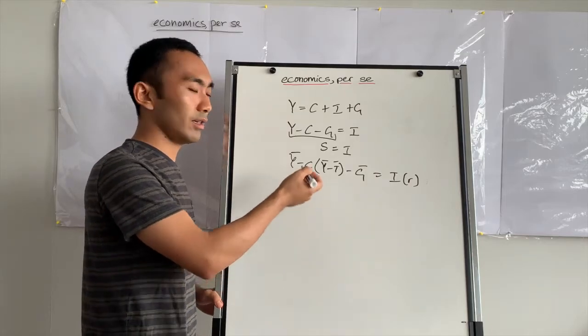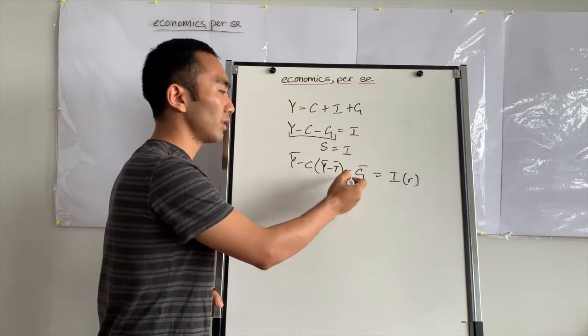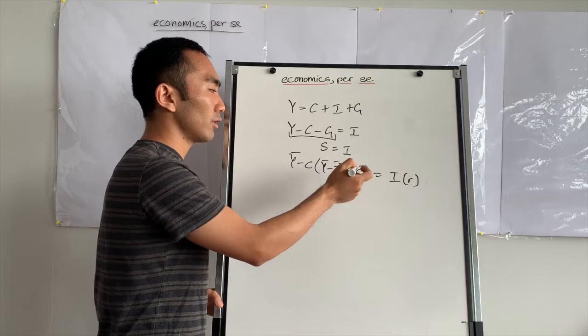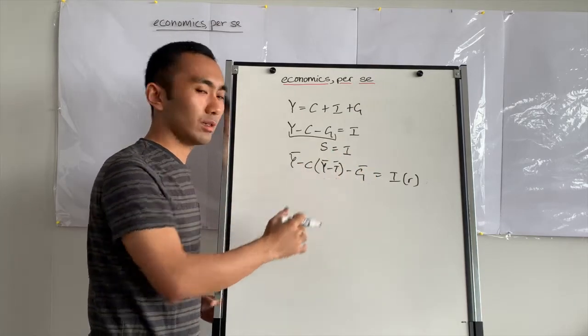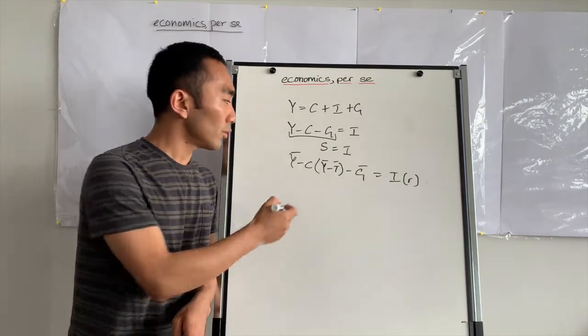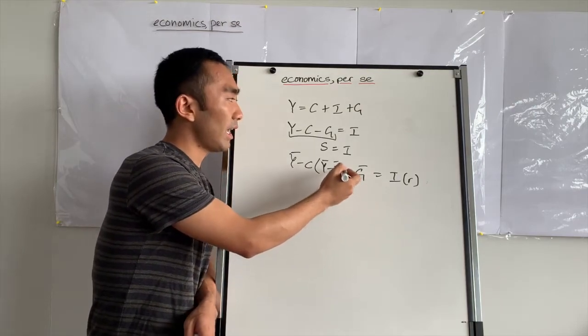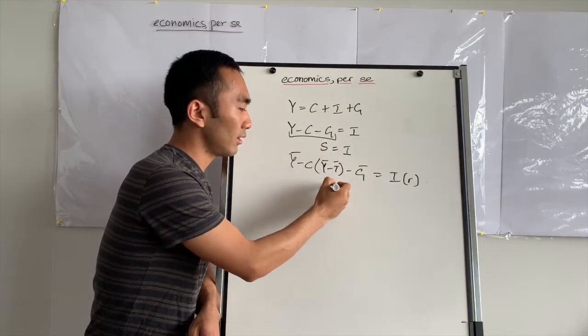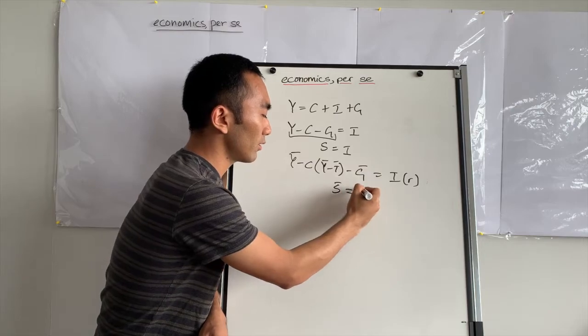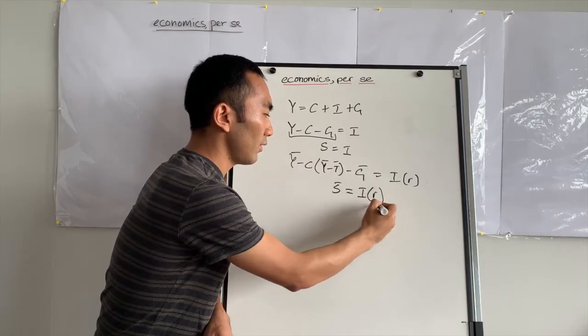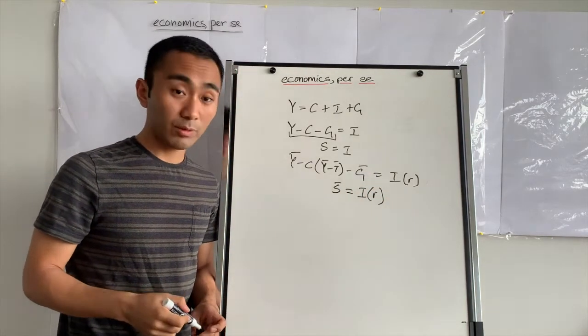What we just did is substitute the consumption function, the investment function and government expenses into the accounts identity. Since all of these are fixed and equal to S, this means that savings is also fixed. So savings is equal to the investment function.